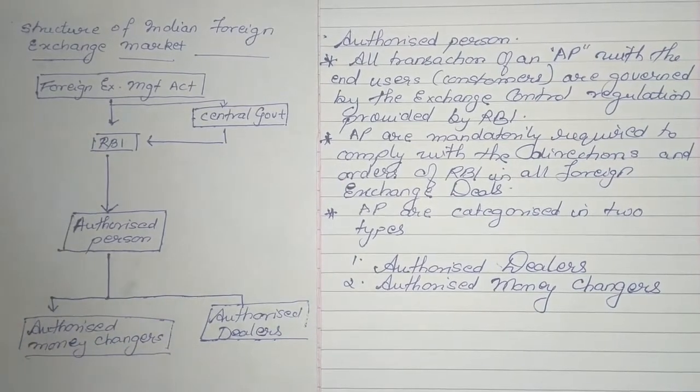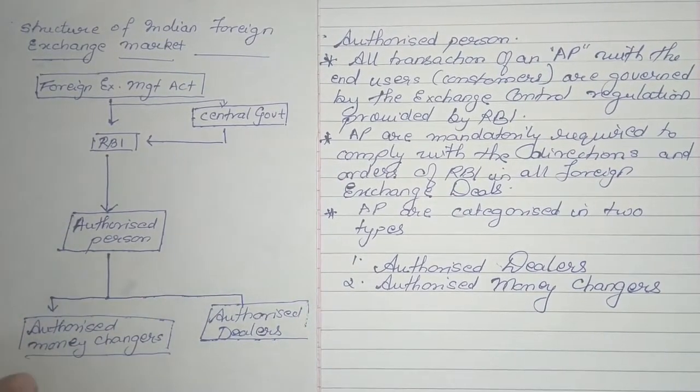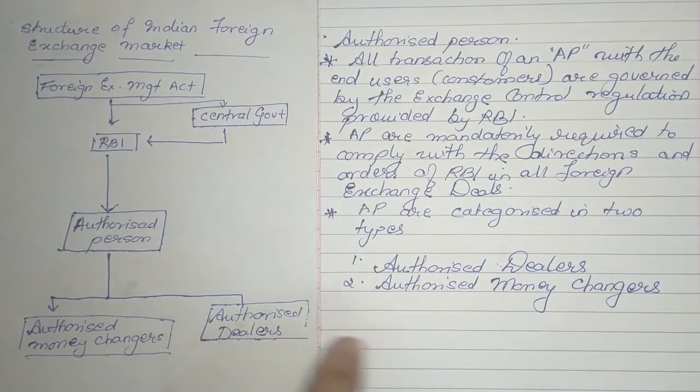So the authorized persons are further divided in two categories. One is the authorized money changers and second is the authorized dealers.